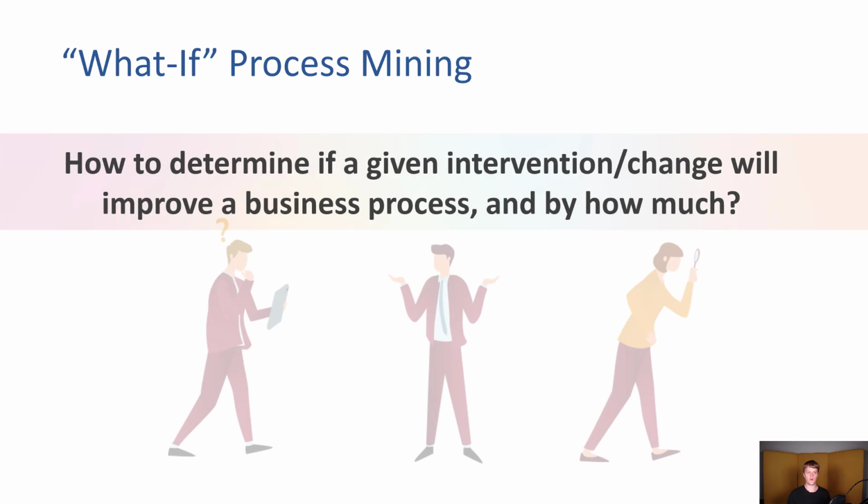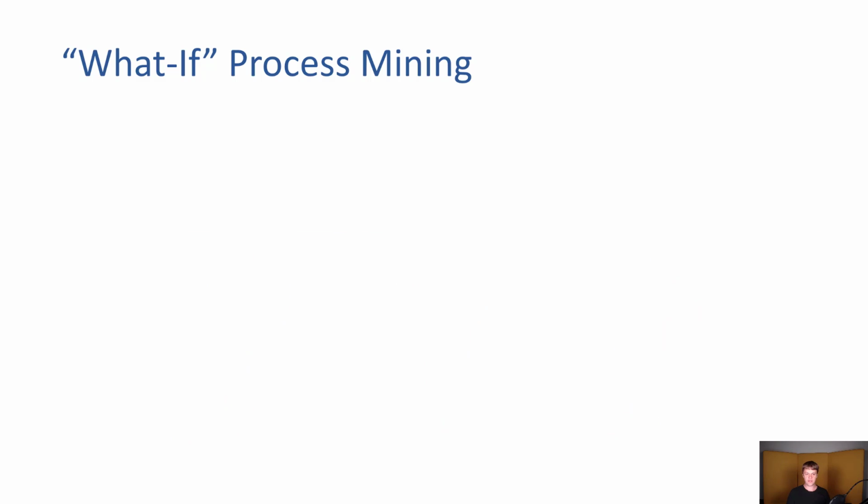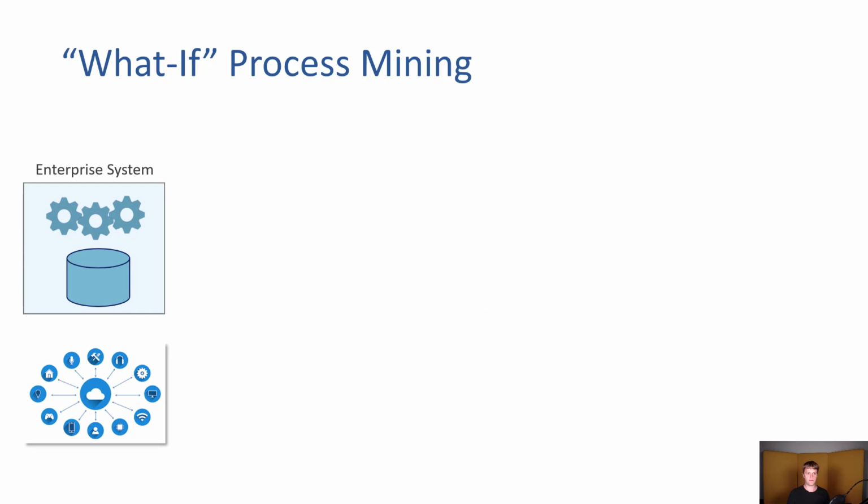In general, it tries to understand or answer the question of how to determine if a given intervention, or change, will improve a business process and by how much. To answer these questions, we rely on our enterprise information system as well as some domain knowledge and also a process model or some process constraints.